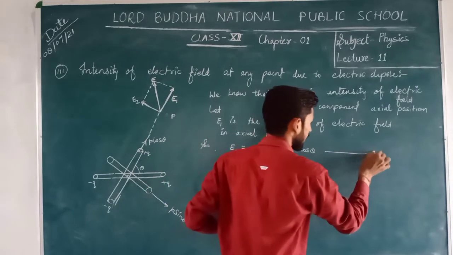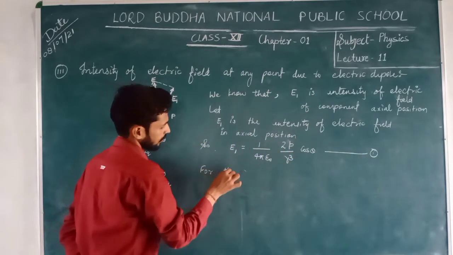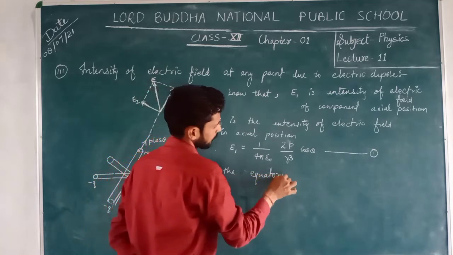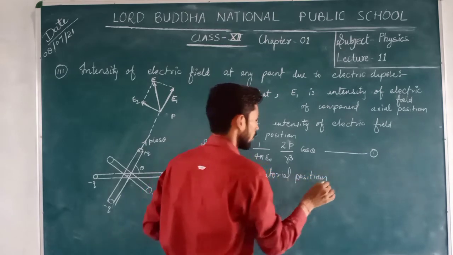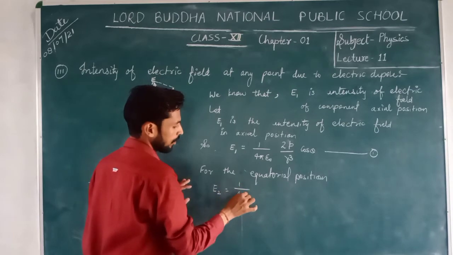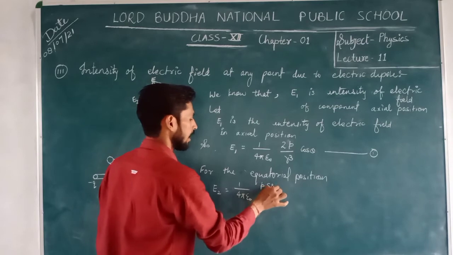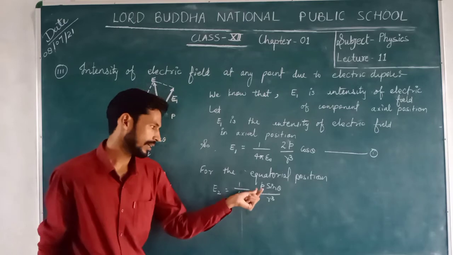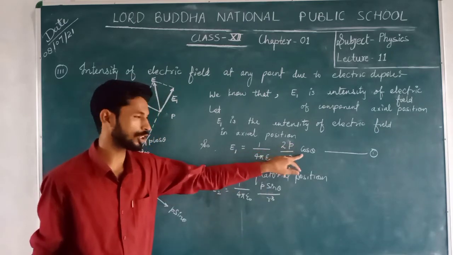So suppose that this is equation number first, and for the equatorial position E2 equals 1/4 pi epsilon naught p sin theta upon r cube. Why are we taking here p sin theta, and in the previous equation we took 2p cos theta?